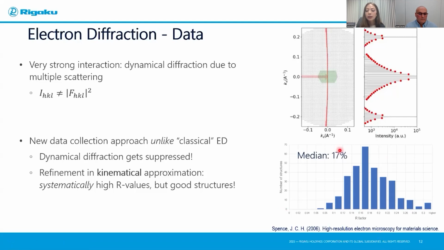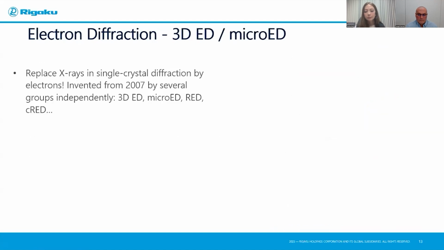So here I'm showing a table of a number of structures that we've solved here at Rigaku, where the median value for a kinematically refined ED structure is somewhere around 17%, and so you'll see values like this routinely in the literature. But there are a number of publications comparing the quality of electron diffraction structures to that of X-ray structures to show that the structures that you get out are still quite good.